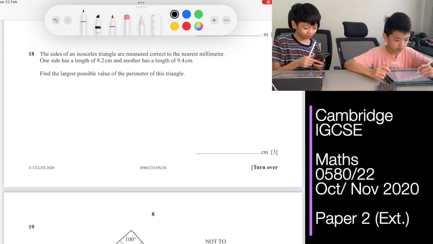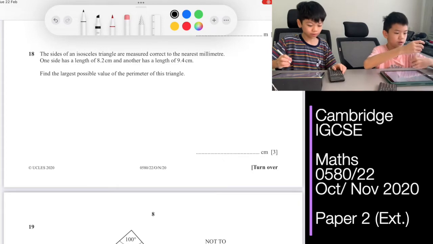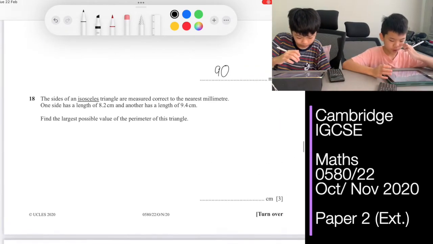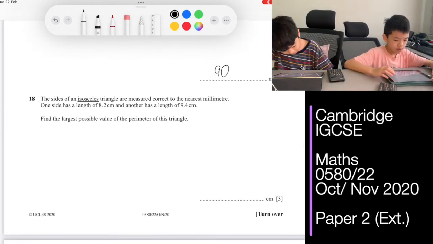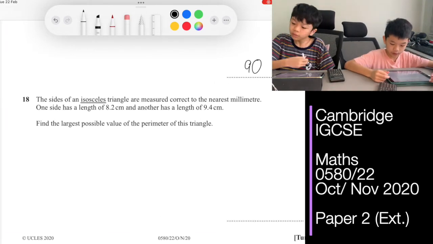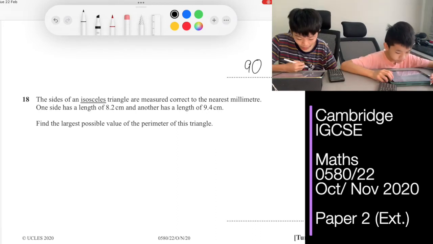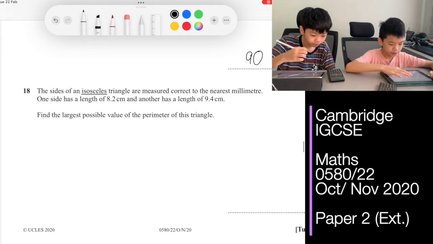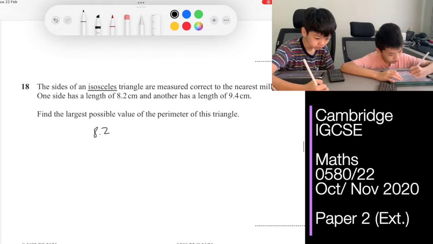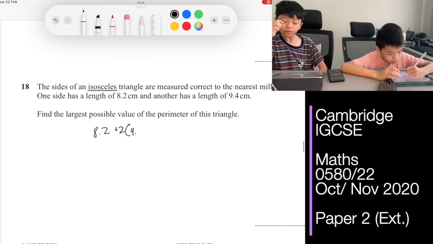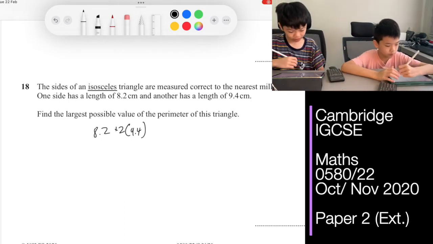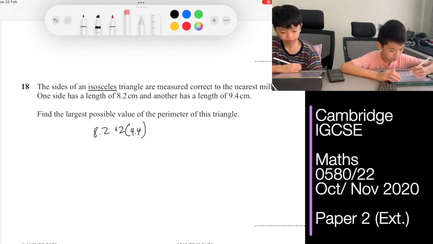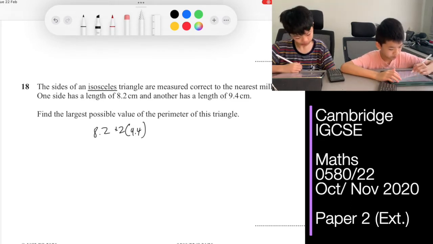The sides of an isosceles triangle are measured correct to the nearest millimeter. One side has a length of 8.2 and another has a length of 9.4. Find the largest possible value of the perimeter of this triangle. It's isosceles, so it's 8.2 plus 2 times 9.4. But they also said correct to the nearest millimeter, which is 0.1 centimeters.